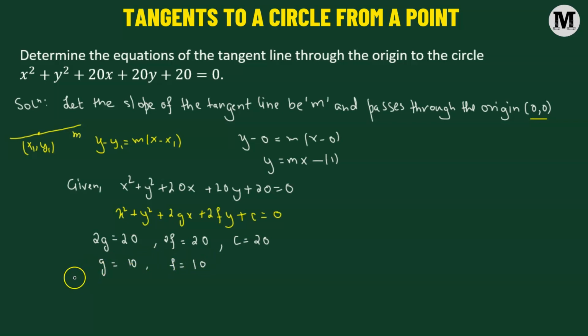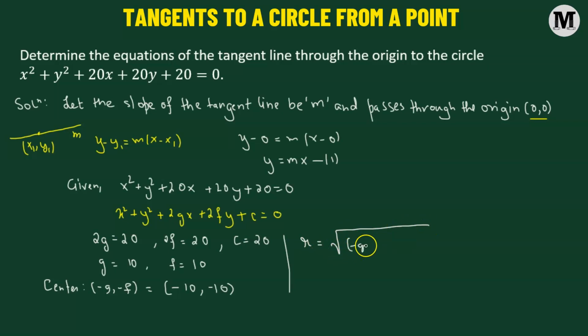Now to find the coordinates of the center of the circle, all we have to do is find negative g comma negative f. That means our circle is centered at negative 10 comma negative 10. Next, we'll find the radius of this circle. The radius is given by the formula square root of negative g whole squared plus negative f whole squared minus c.